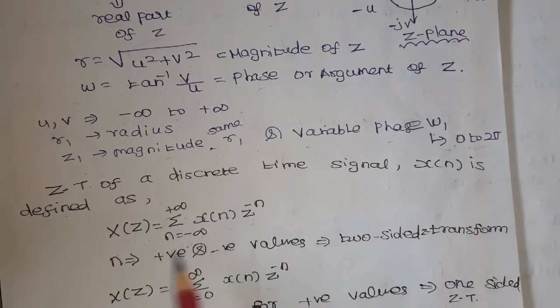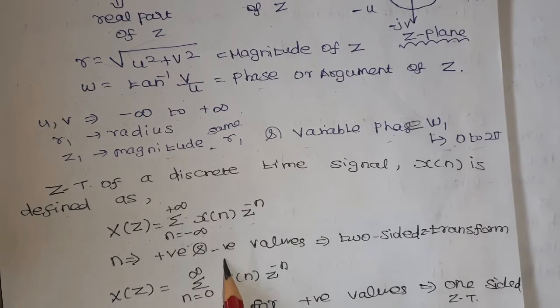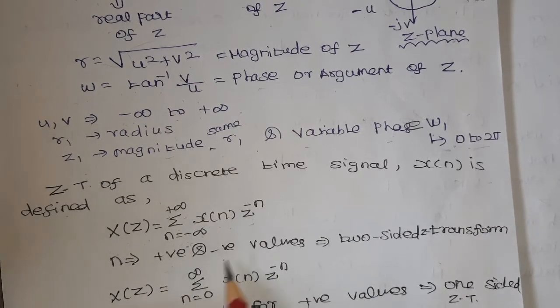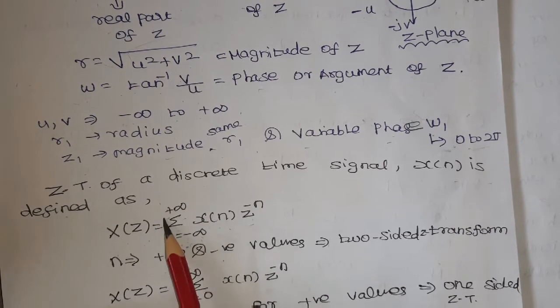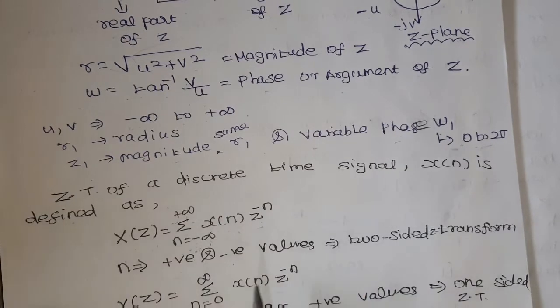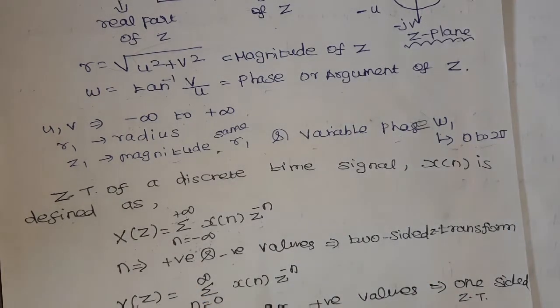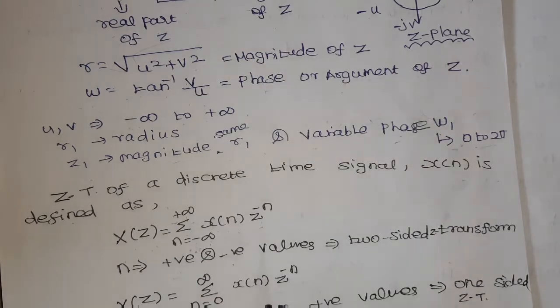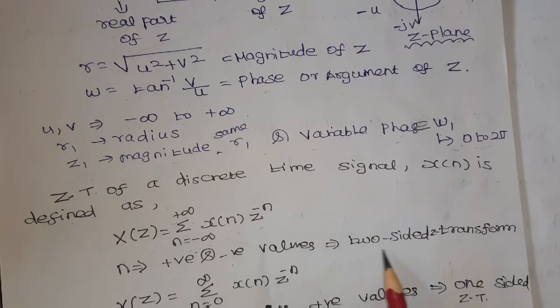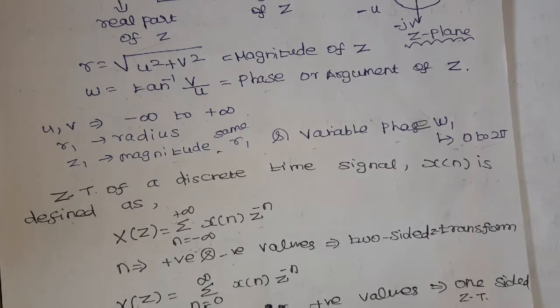This is the definition formula of the Z transform, and it is very important. What is n here? It takes positive and negative values. If it ranges from minus infinity to plus infinity, having both positive terms and negative terms, it is called the two-sided Z transform.